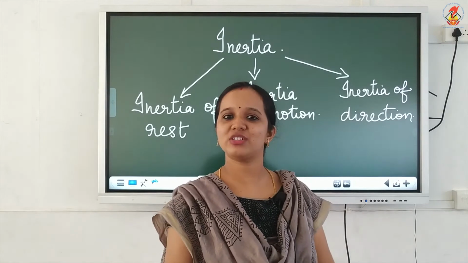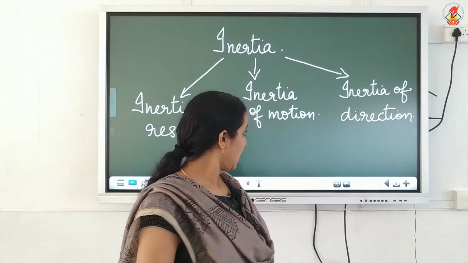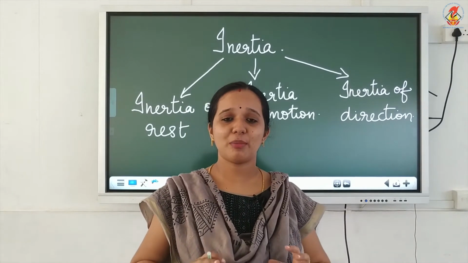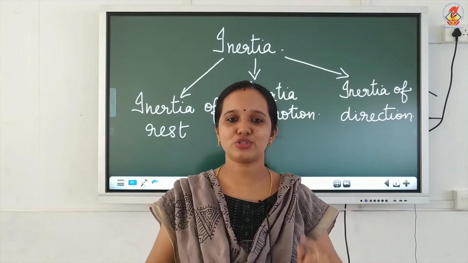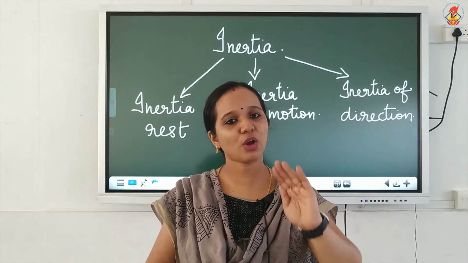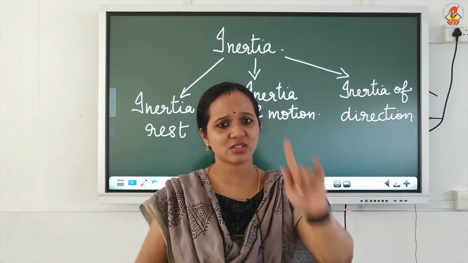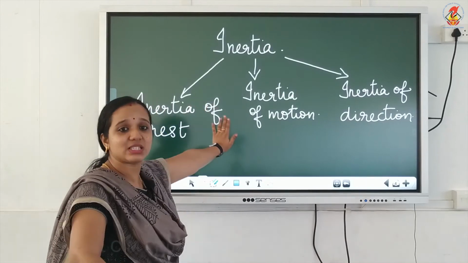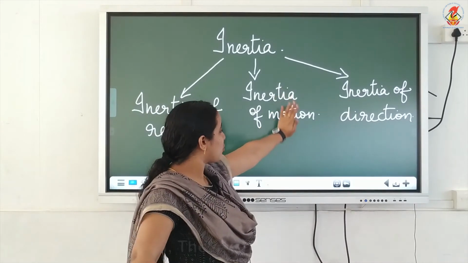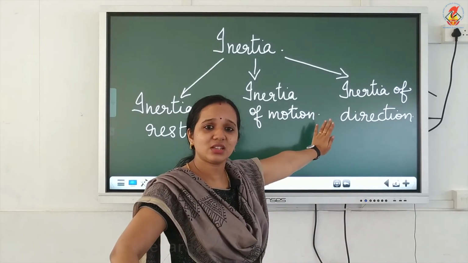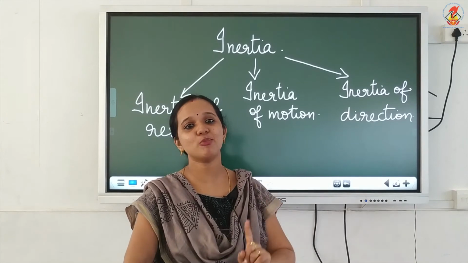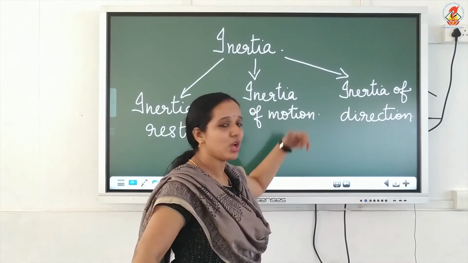Let us see all this in detail. Inertia of rest means a body will continue to be in a state of rest itself. The tendency of a body is to remain in a state of rest itself. That is inertia of rest. Inertia of motion means the tendency of the body is to continue in a state of motion. That is inertia of motion.